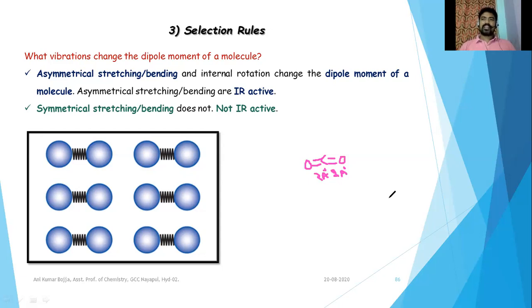Those 4 symmetry elements are plane of symmetry, axis of symmetry, center of symmetry, and the fourth one is improper rotational axis of symmetry. What are the symmetry elements? Plane of symmetry, axis of symmetry, center of symmetry, and the fourth is improper rotational axis of symmetry.